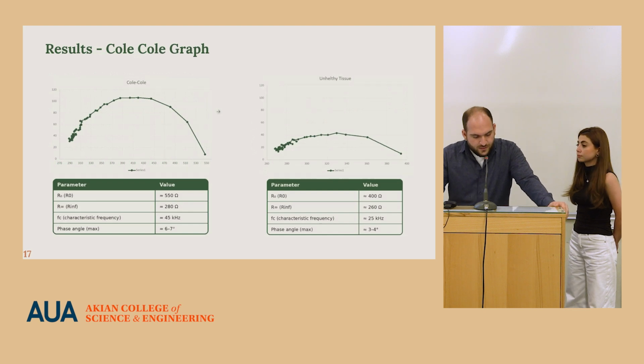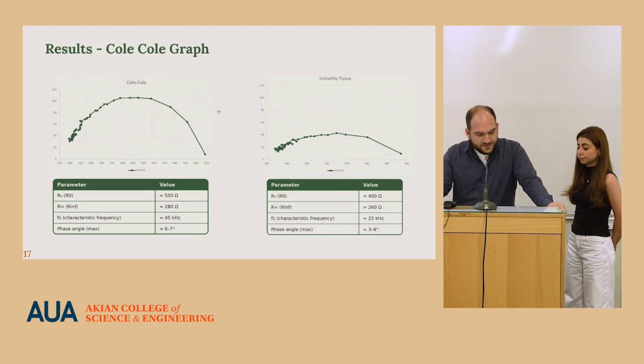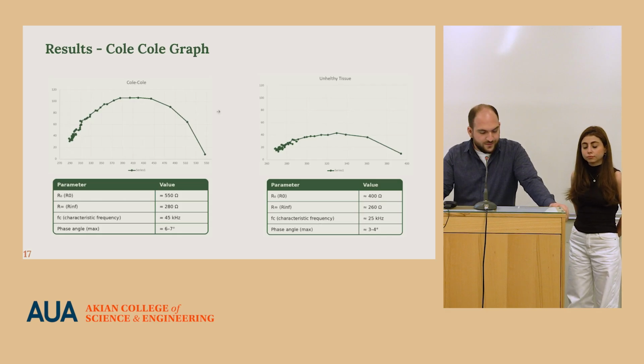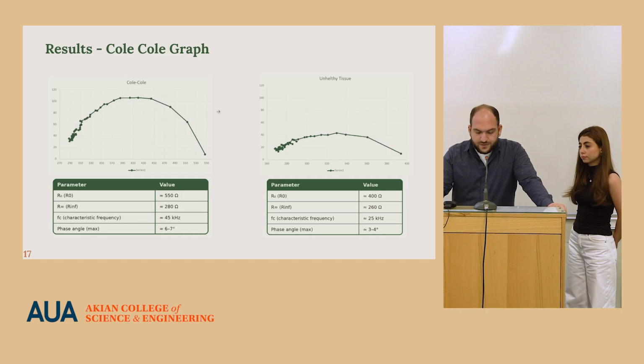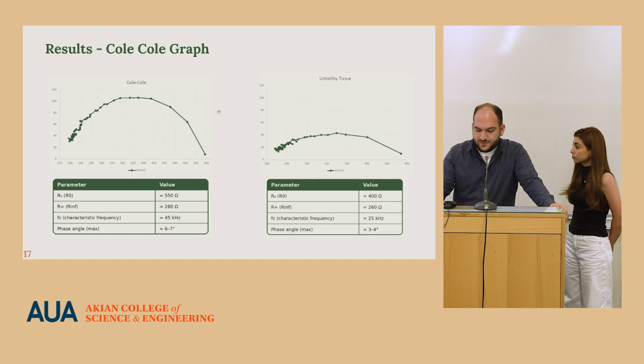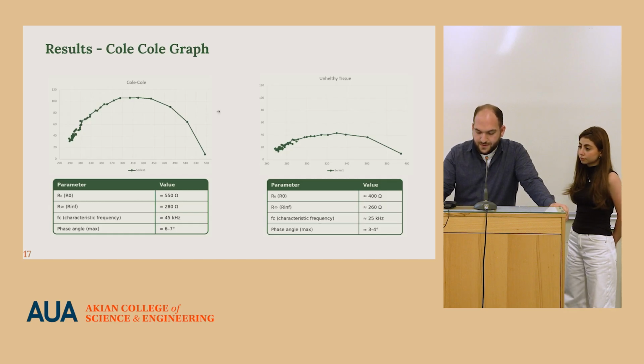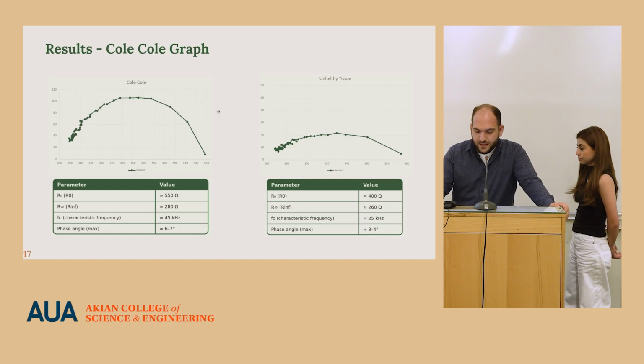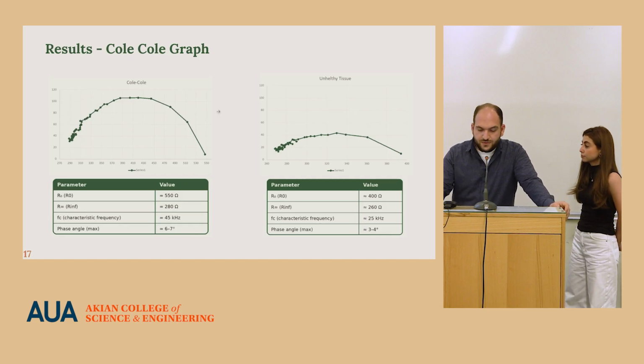So we use our measurements and create the Cole-Cole graph. From the left side, you can see a graph created by our devices, which measured my body. And we use the literature information. They use a similar setup with similar frequencies and a similar sweep step frequency, and measured unhealthy tissue, which has a problem with the cell membrane.